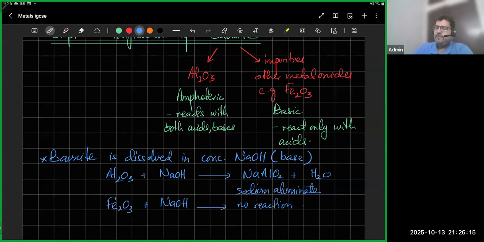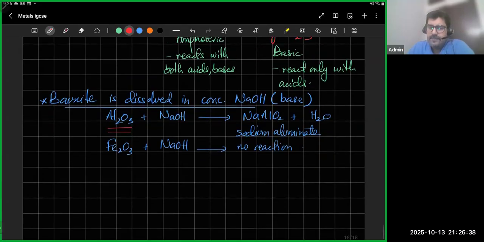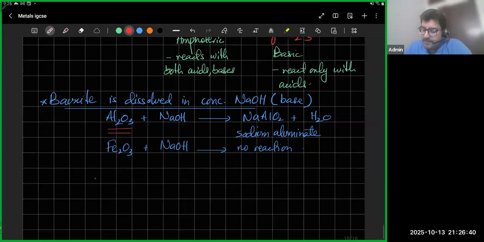So basically, when you dissolve the bauxite ore, you just throw the rock into a container that's got concentrated NaOH, and all the aluminium oxide that's part of the rock will dissolve, while the other metal oxides won't dissolve because they're not amphoteric.